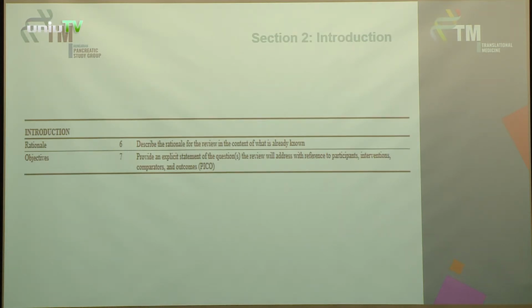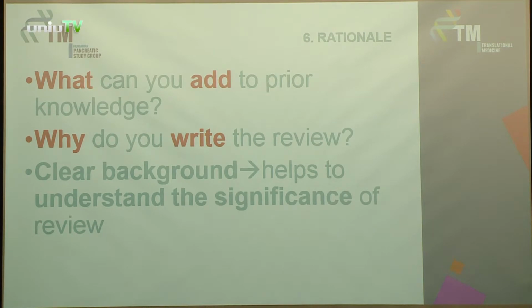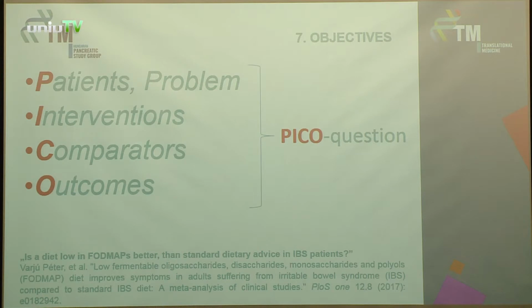The second main section is the introduction section. First, we have to write a clear and not so long background, as Peter mentioned, describing what we know on the topic and what we can add to the prior knowledge. So why do we write a review or a meta-analysis? We have to clearly describe our objectives.